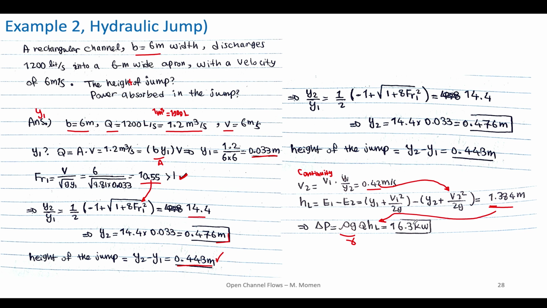If you plug all these numbers in, you're going to get the power that is absorbed in the jump. So 16.3 kilowatt power is absorbed in this jump. Okay, so this was the second example of hydraulic jump.